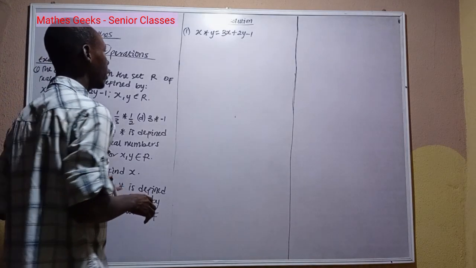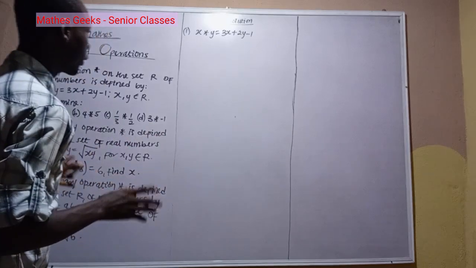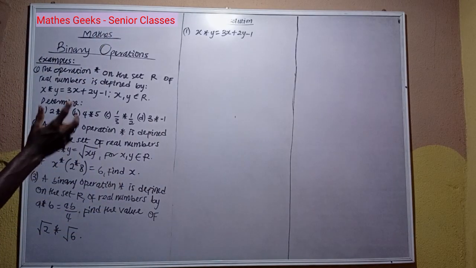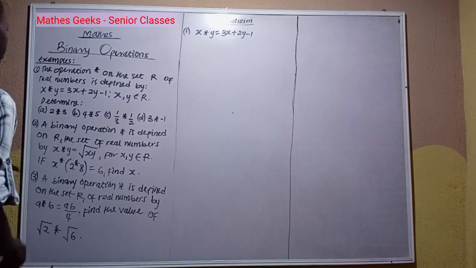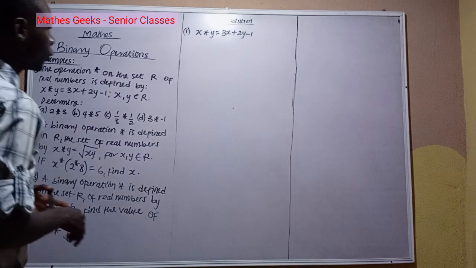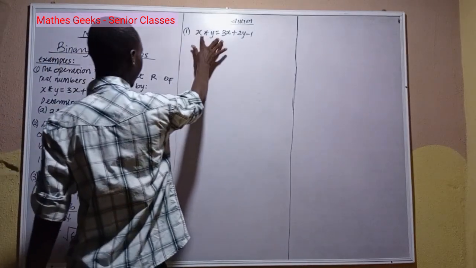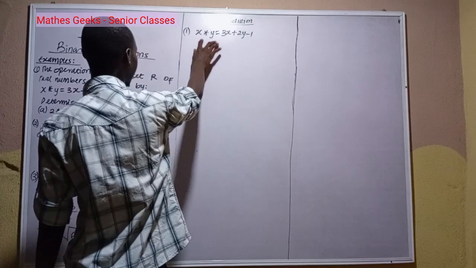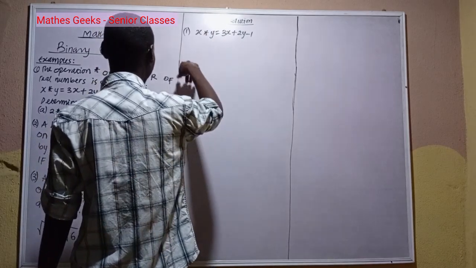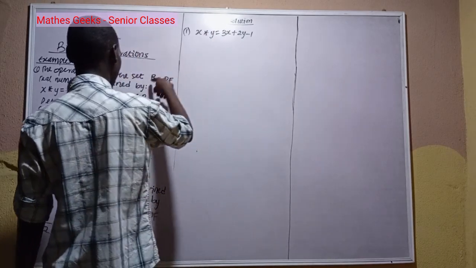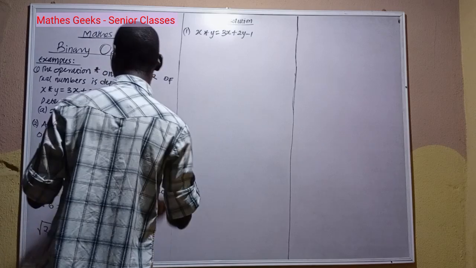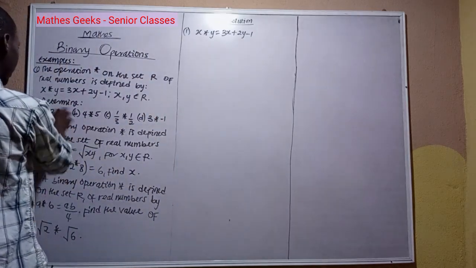The binary operation usually involves two numbers at a time. It cannot be more than two numbers. So these x, y are variables representing any value that is a member of the set R. Like in A, it tells us 2 star 3.